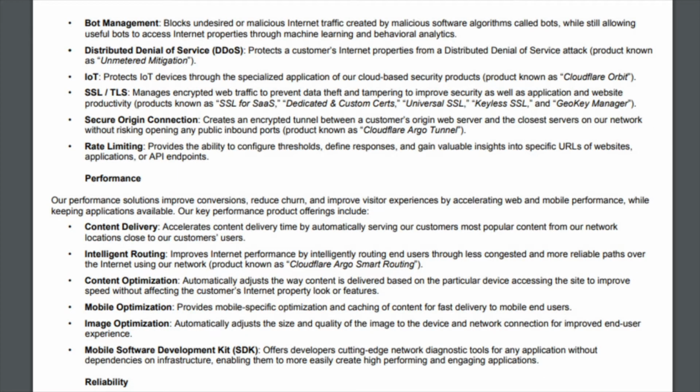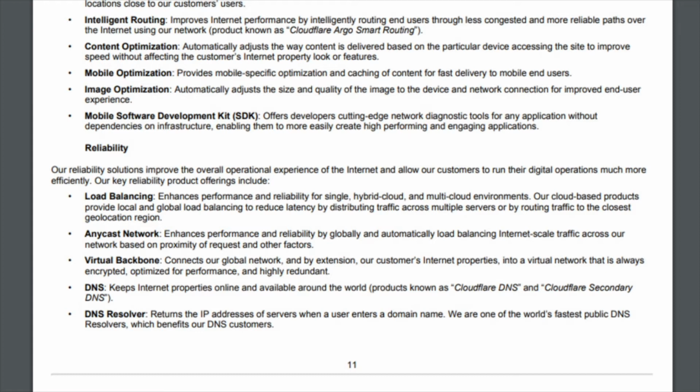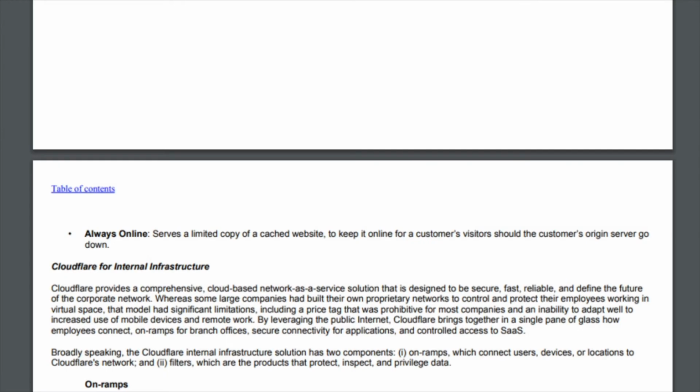In performance, content delivery, so there's CDN, intelligent routing, content optimization, mobile optimization, image optimization, mobile software development kit. For reliability, they have load balancing, Anycast network, virtual backbone, DNS, DNS resolver, and Always Online.